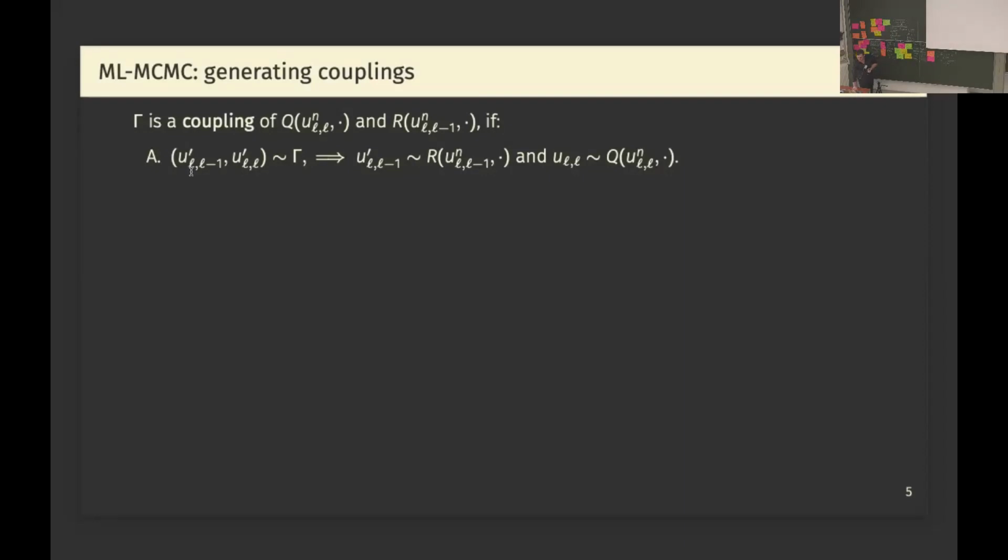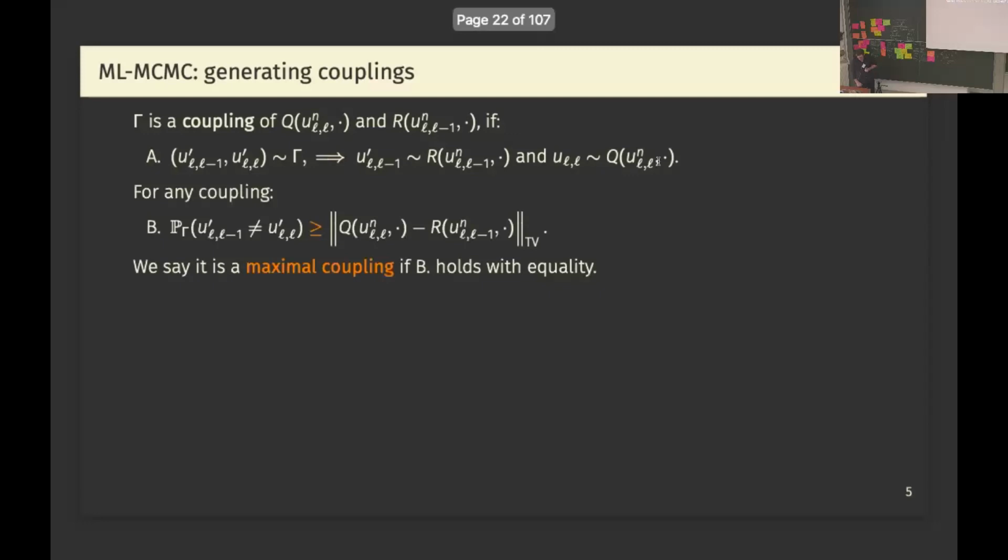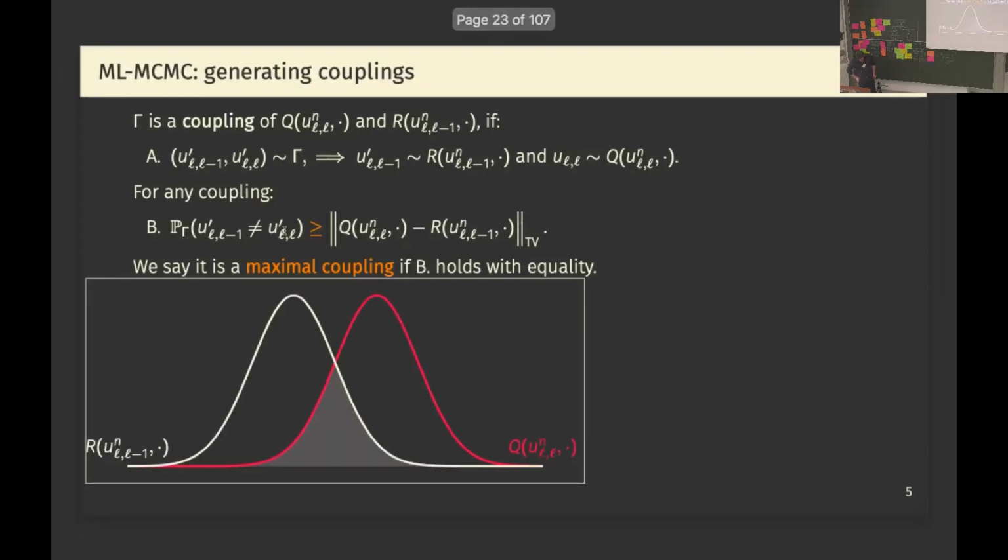So in this setting, U_{L-1} is a sample from R and U_L is a sample from Q. And we know that for any coupling, the probability of sampling this joint state and having each component being different from each other is larger than or equal to the TV distance between Q and R. And we say that a coupling for which this happens with equality is a maximal coupling.